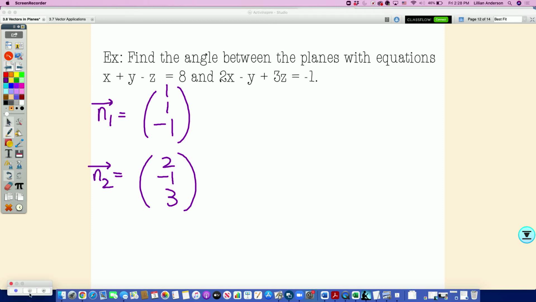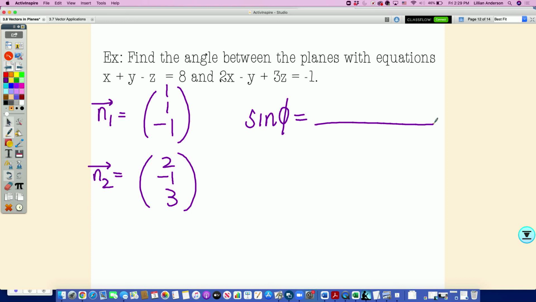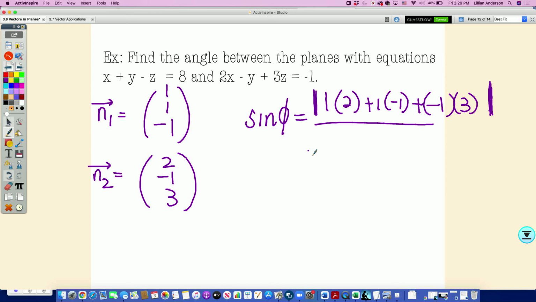So then we do the dot product between the two. Remember, this is sine phi. So I'm going to do the dot product: 1 times 2, plus 1 times -1, plus -1 times 3. I do the absolute value of that. Remember, that's at the top. Now I'm going to divide it by the magnitude of both vectors.